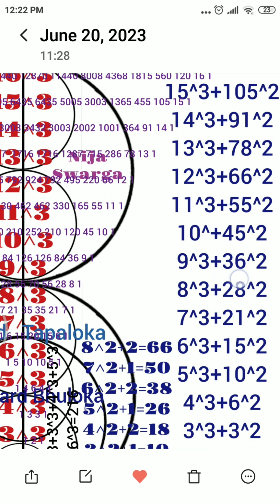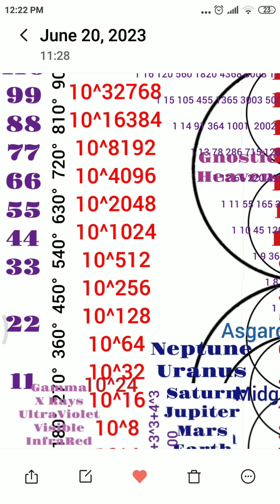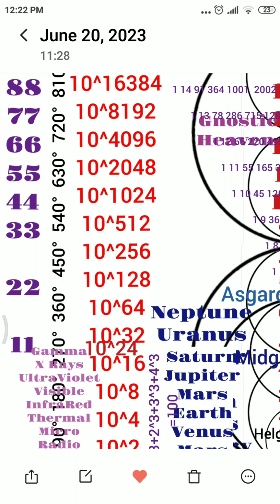Here 33, 3 into 11 whole square, that is 9 11 squares. 4 into 11 whole square, that is 44 squared. So 4 squared is 16, 16 11 squares. If they come together, they form this.